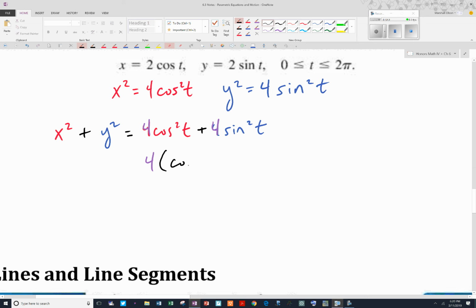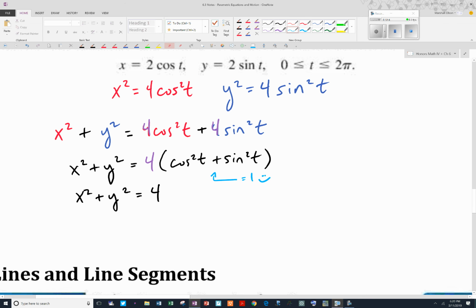When we pull that 4 out, we're left with cosine squared plus sine squared, which hopefully we recognize as being 1. So we have x squared plus y squared equals 4 times 1, or x squared plus y squared equals simply 4. Okay, and if you need to write a little note to yourself that this equals 1, that was a nice little trick that we had happen there. So look at that equation. Hopefully you recognize that.